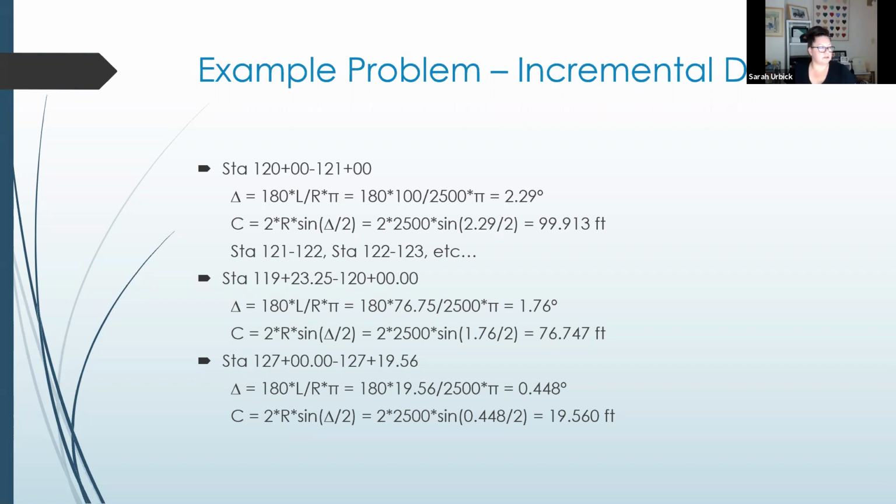So let's look at that third set of equations, that third calculation, station 127 to 127 plus 19.56. What's the length of our arc? Our L value, what is that?